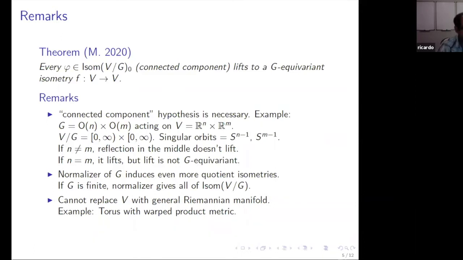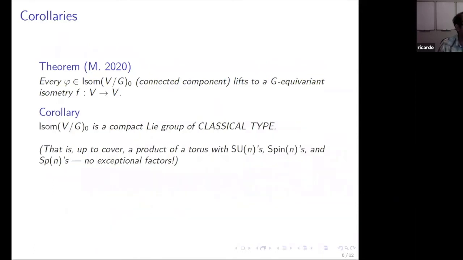So, now let me tell you about some corollaries of this result. I just copied the result again at the top of the screen. One corollary is a structure result for the isometry group of the quotient, okay?